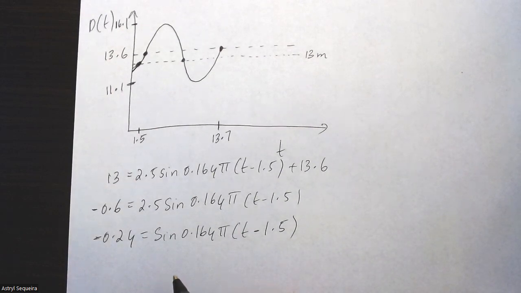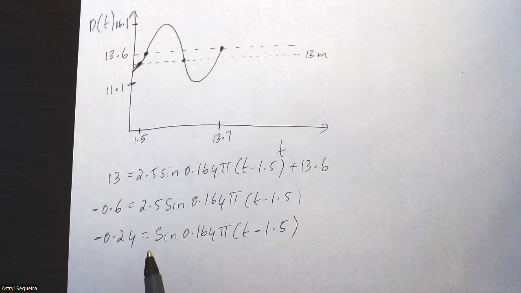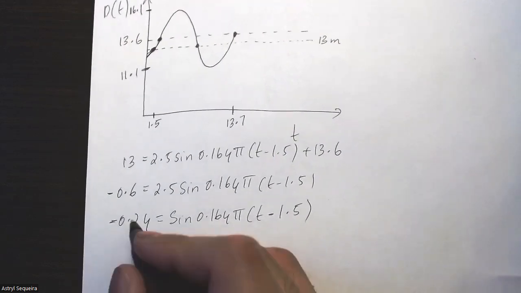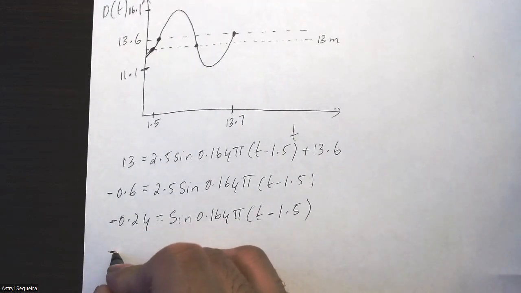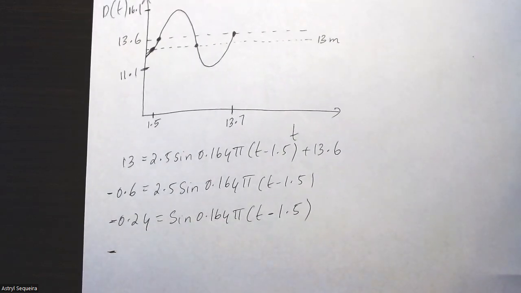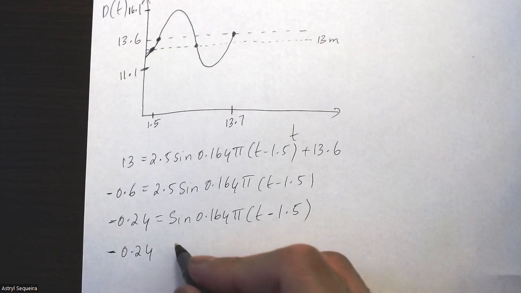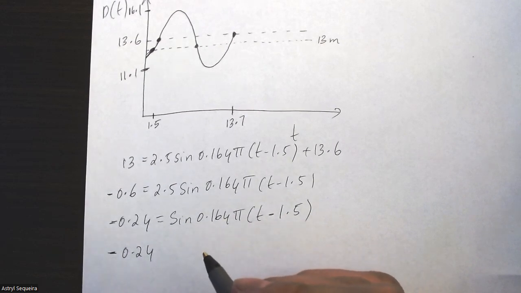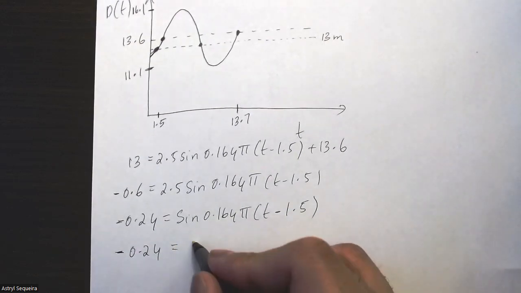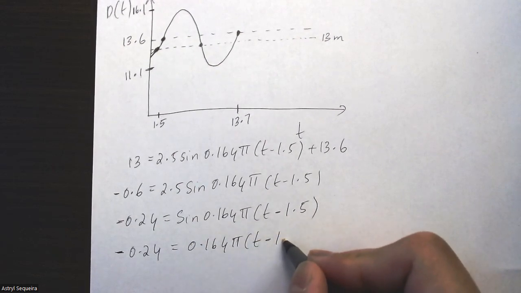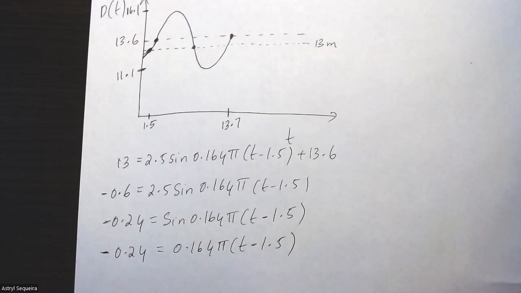And if I do the sine inverse of negative 0.24, I also get negative 0.24. It's a bit of a coincidence, but these things do sometimes happen. And 0.164 pi t minus 1.5.